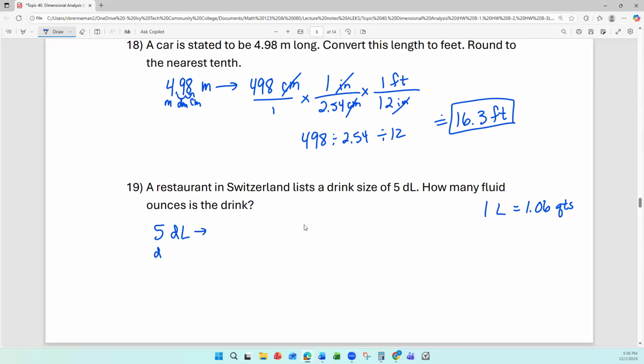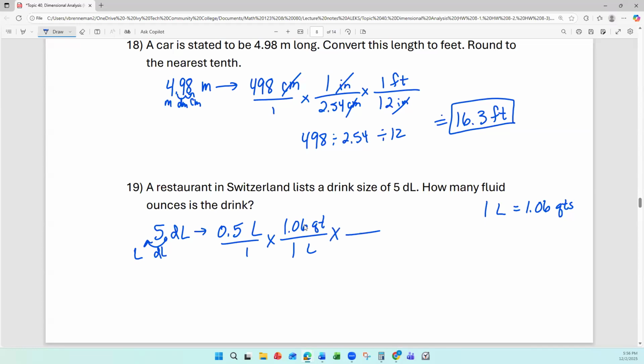So if this is the deci, and I want just the liter, that's just 1 place value over, so I move that decimal point. So this is 0.5 liters over 1. Then I can put the 1 liter on the bottom, the 1.06 quarts on top.